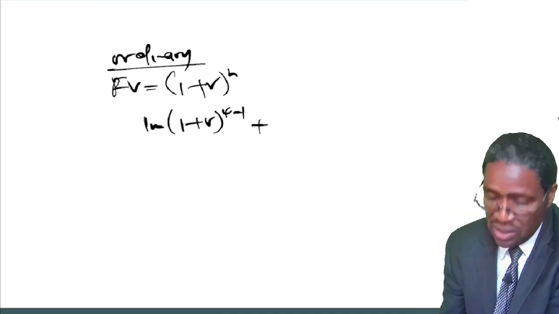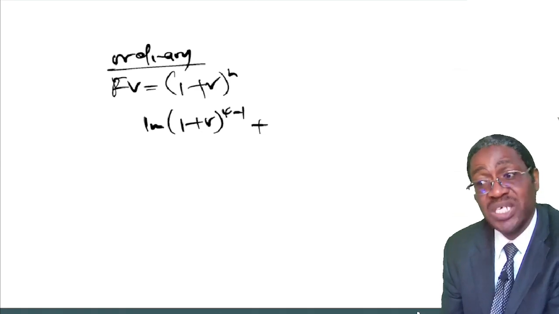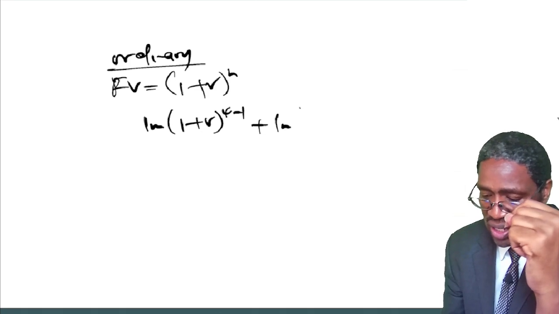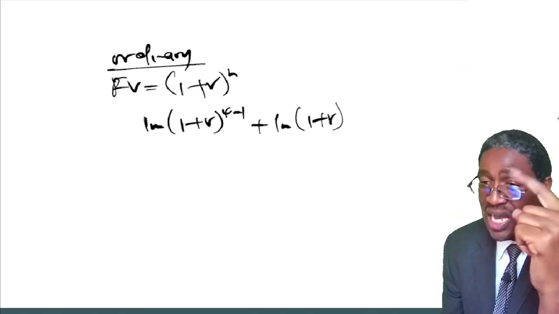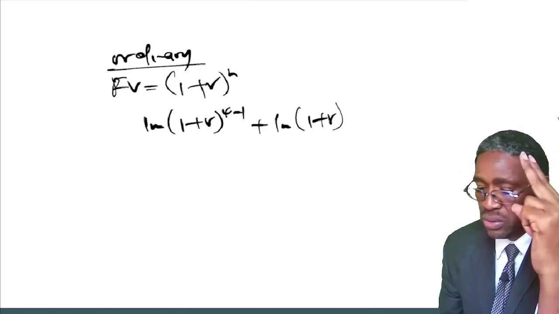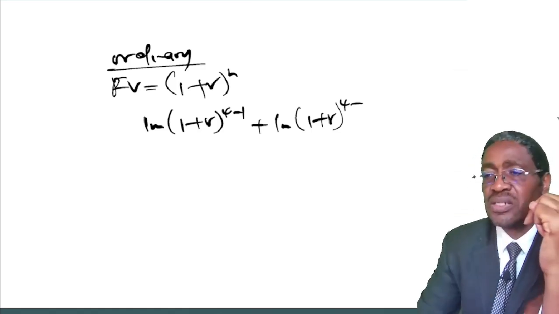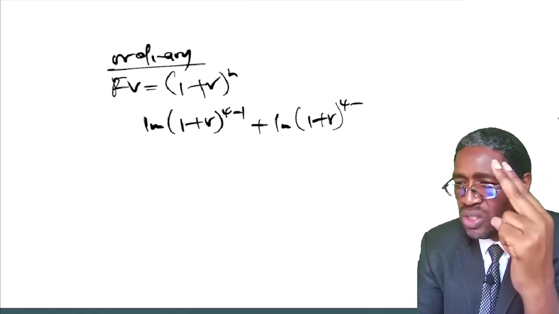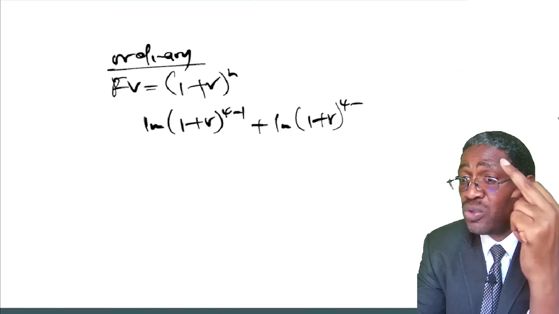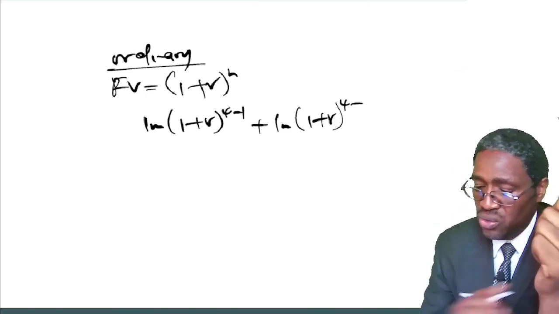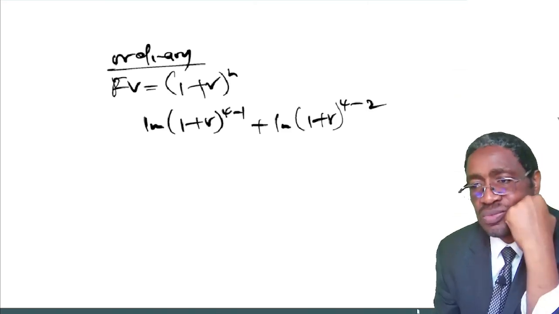Plus. Second year, I put in another 1 million. So it will be 1m into 1 plus r to the power of 4. Don't forget, our n is 4. Minus, this time, my investment of year 2 will only earn me interest for 2 years, third year and the fourth year. So I minus 2.